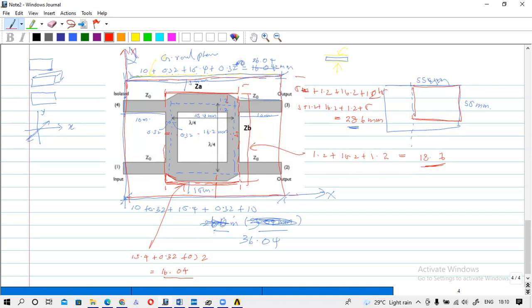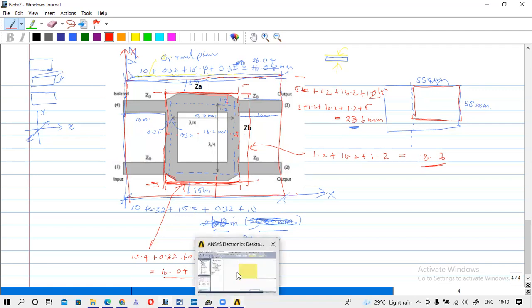So this line is 16.04, and this direction from here to here will be 18.6. So I draw that rectangle.